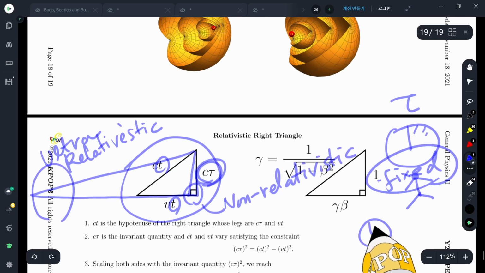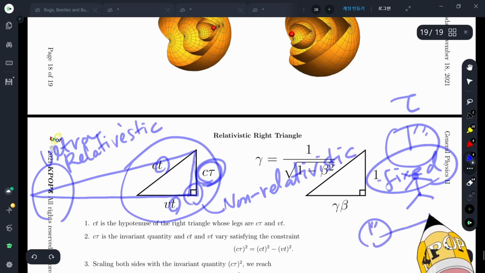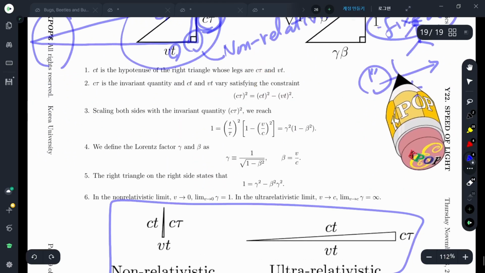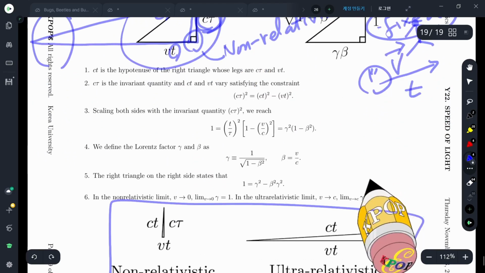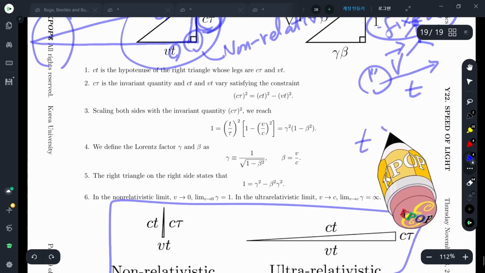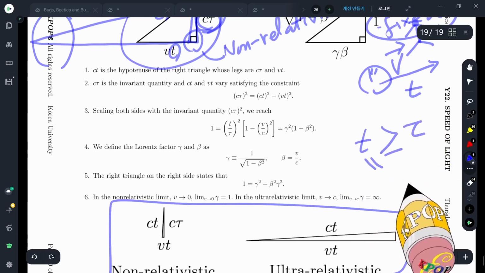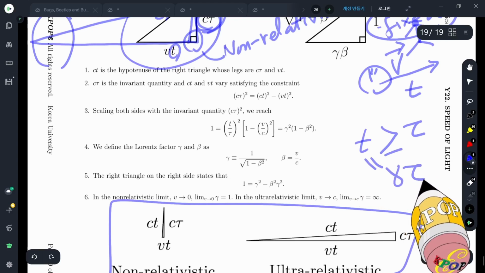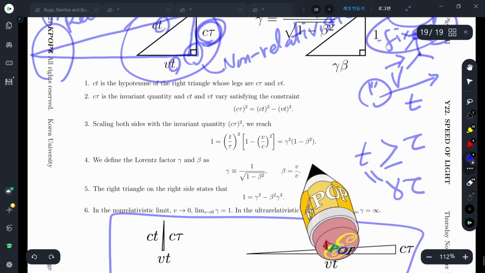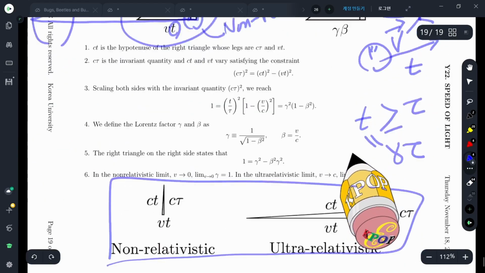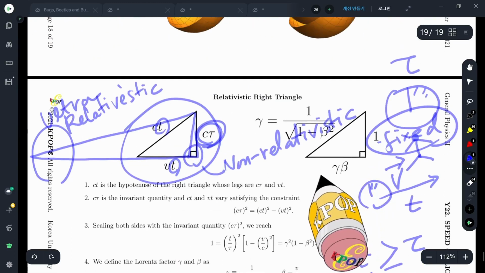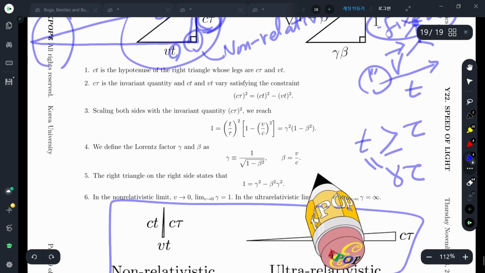A moving clock shows t when it's moving with the velocity v, and t is always greater than tau, and this explicit value is gamma tau, and that gamma goes to infinity as the velocity approaches the speed of light. Thank you.